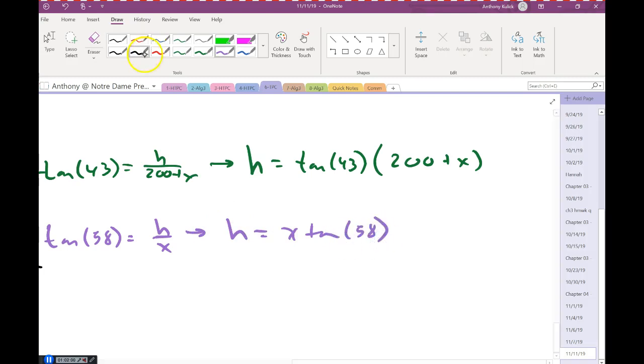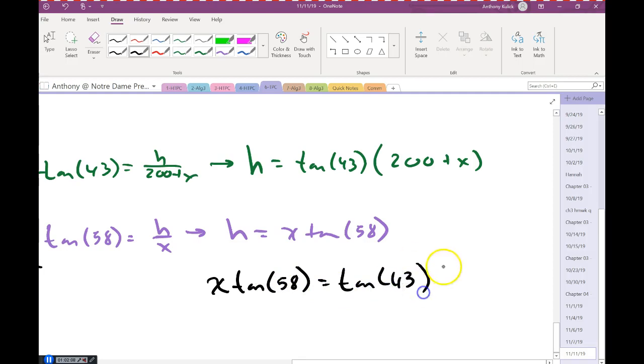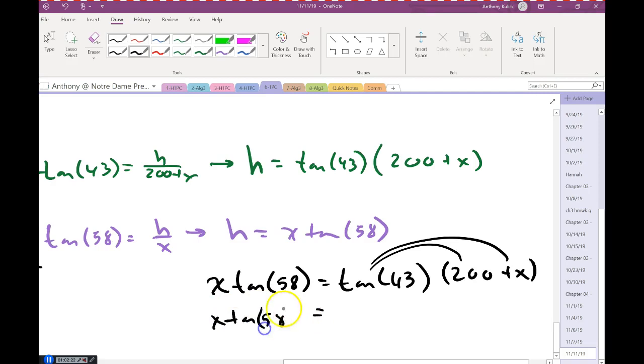And since they're both equal to h, I can set them equal to each other. Now to solve for x, I'm going to get the x's on the same side, so I'm going to distribute that tan 43.